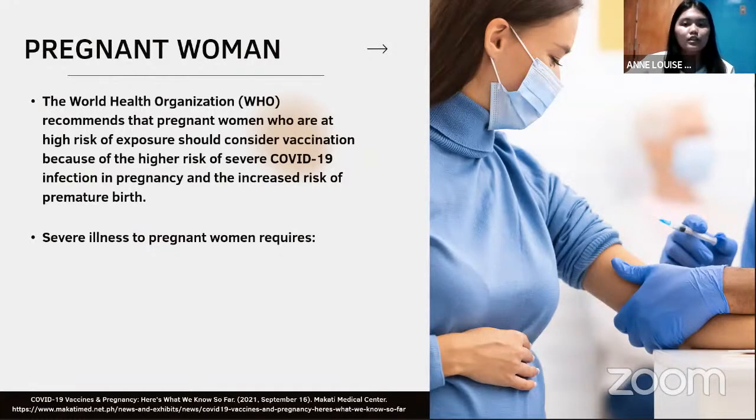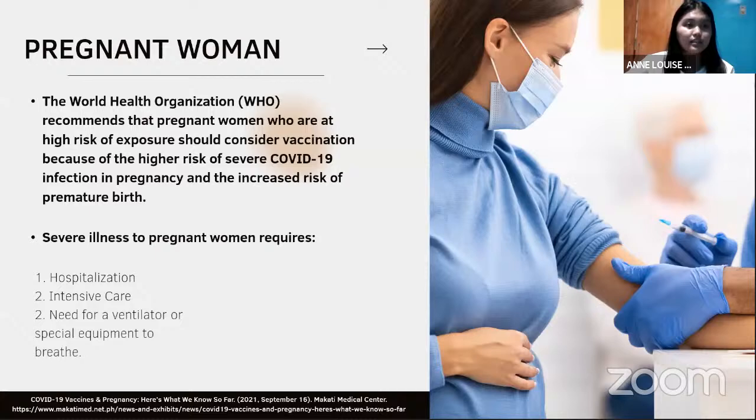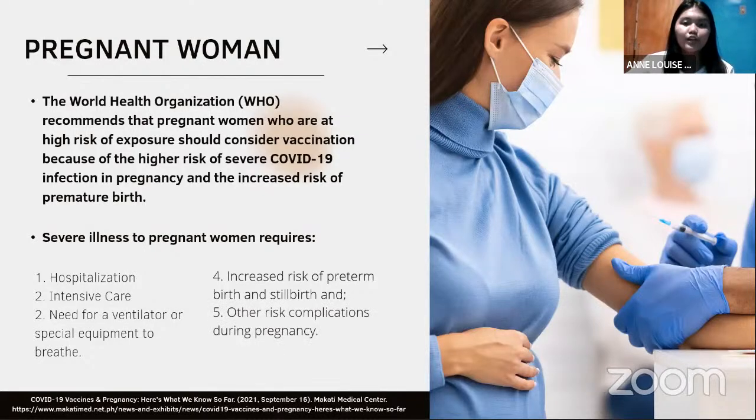Severe illness in pregnant women requires, first, hospitalization. Second, intensive care. Third, the need for a ventilator or special equipment to breathe. Fourth, the increased risk of preterm birth and stillbirth. And lastly, other risks of complications during pregnancy.